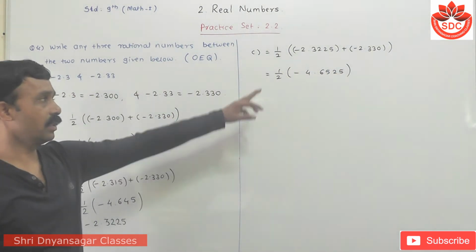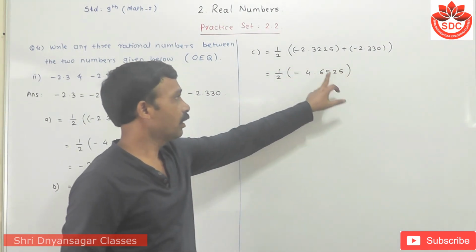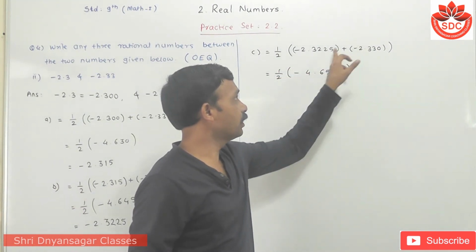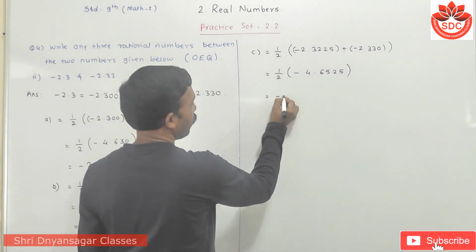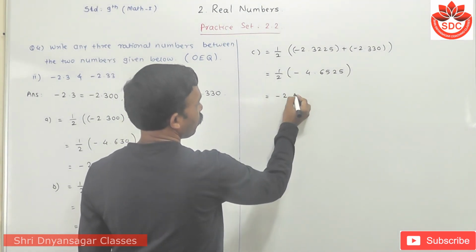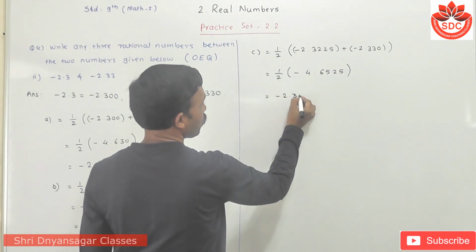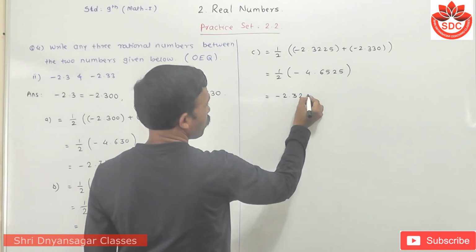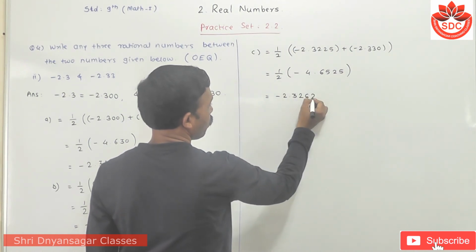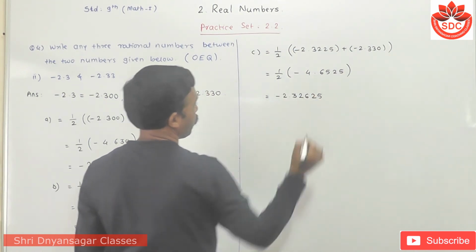Student, always take 3 digits here, 3 digits here and 4 is the last one as it is. So I have to simplify it, minus 2 point, 2 3s are 6, then 2 2s are 4, 1 carry, 2 6s are, again 2 2s are and 1 carry, 2 5s.